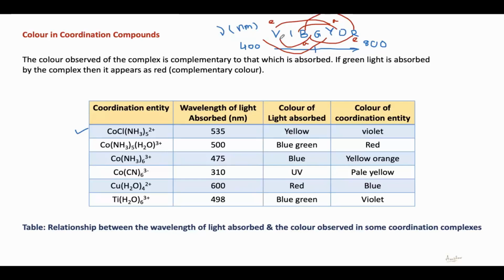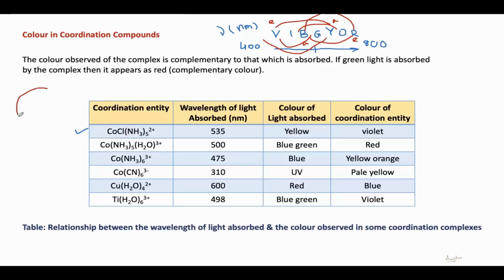The light absorbed has to correlate with the color that is shown by the coordination entity. But in this table that I have drawn, you can see there is no such correlation. So how will we be able to see which color is shown by which compound?